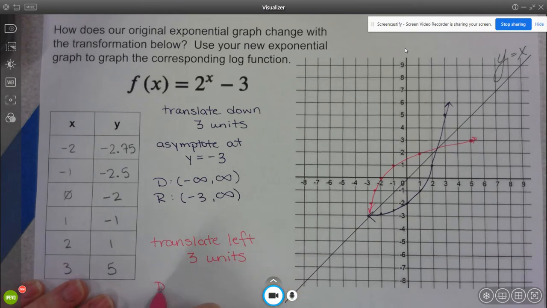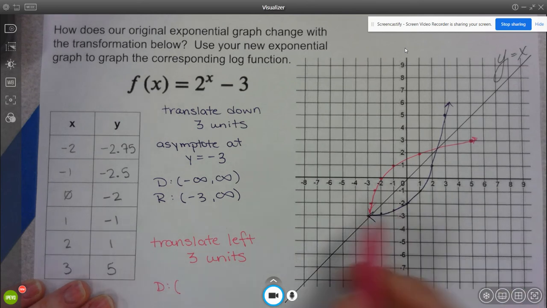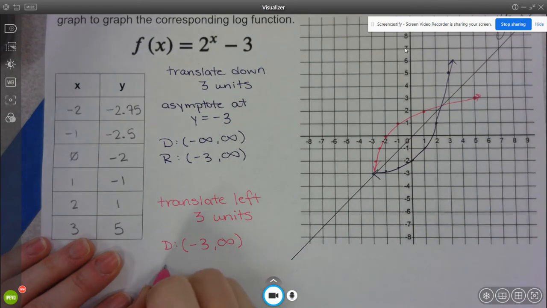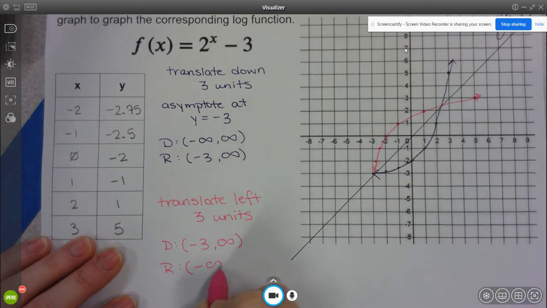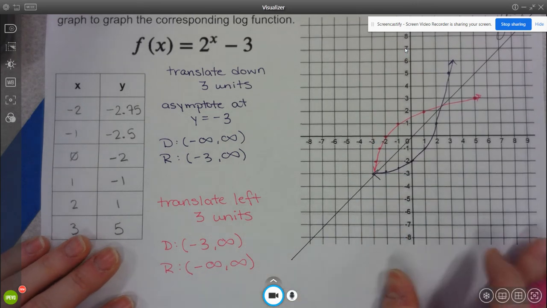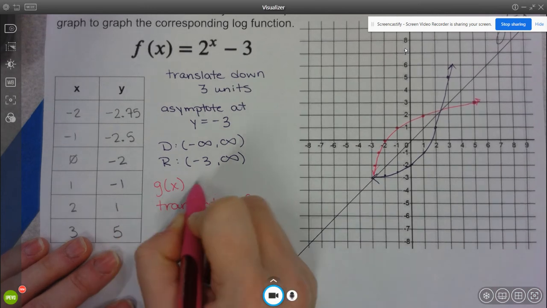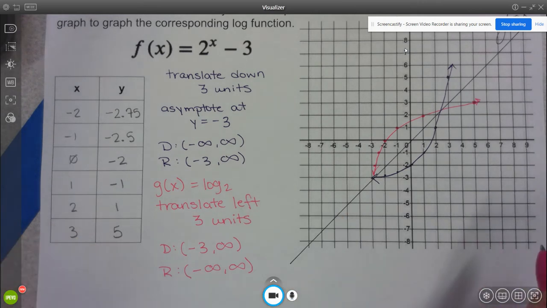Our domain is changing. Now I'm starting at negative 3. I'm not starting at 0 anymore, which is the range from my exponential. And now I still have the same range. I'm still going up and down forever. So when I create this log function, I am changing my x values.